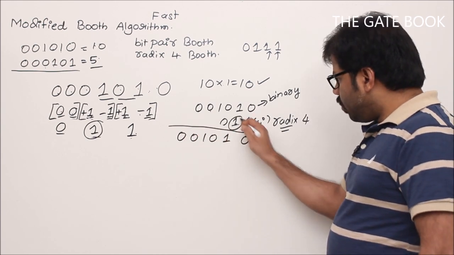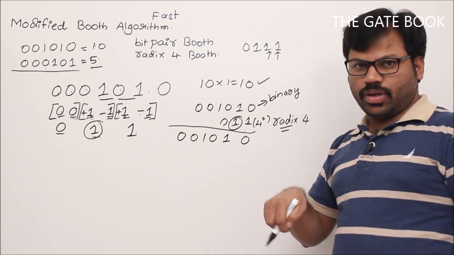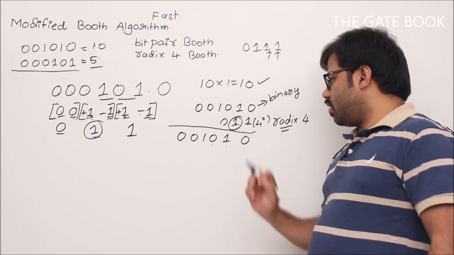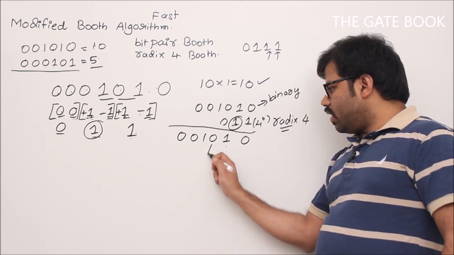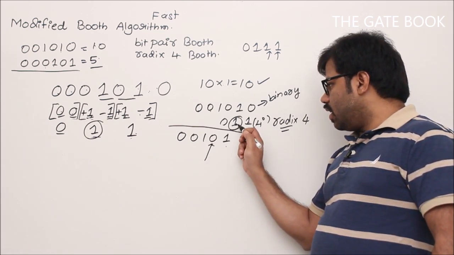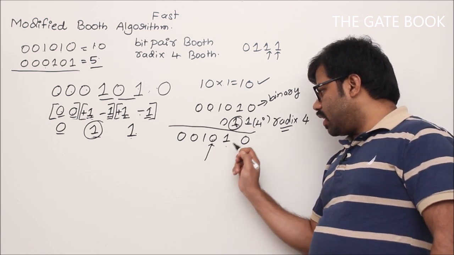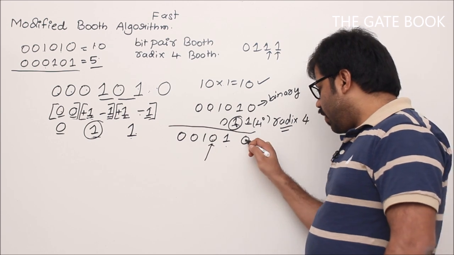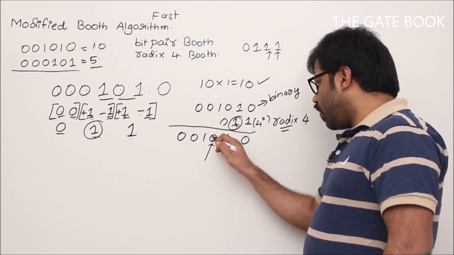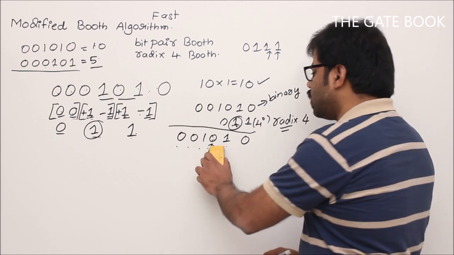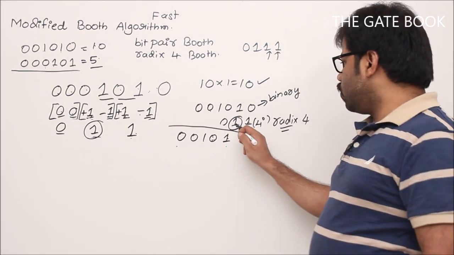Second time when you do multiplication, since it's a radix 4 number, we have to shift 2 digits, because the weightage of this bit is 4, right? In binary the weightage is 2 power 0, 2 power 1, 2 square. That's why we have to start writing the next summand from here. That's the only difference.